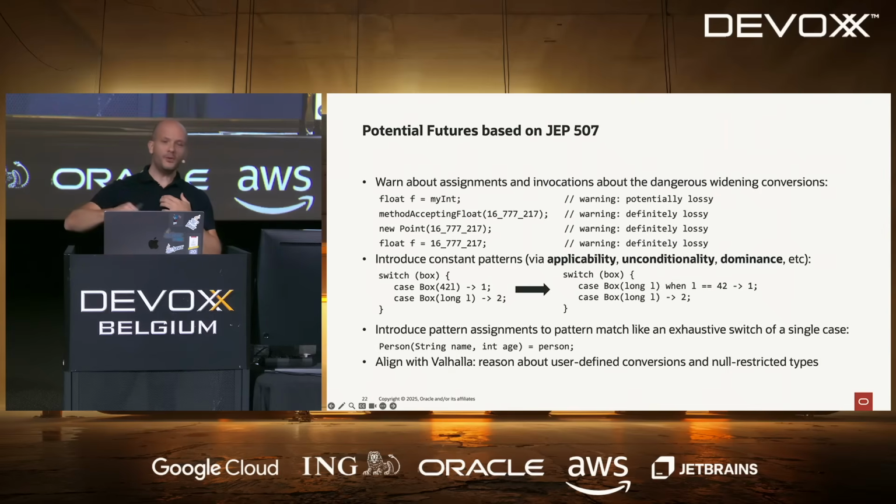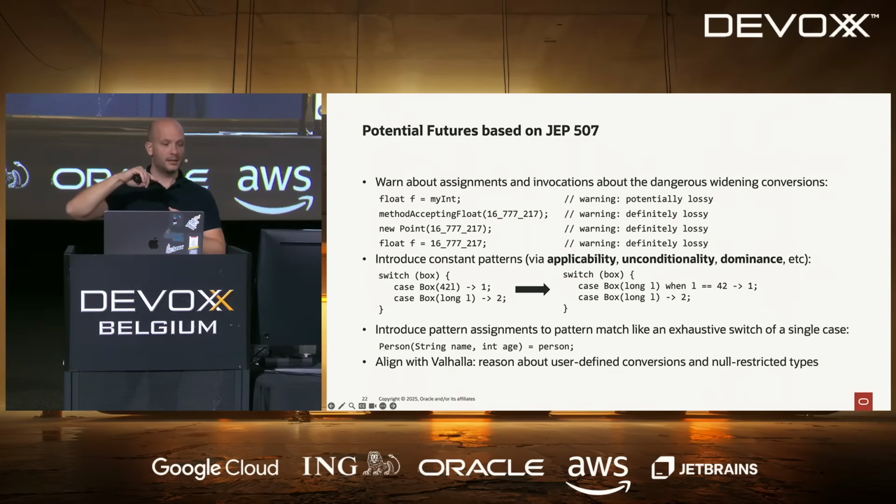And then continuing building on top of this is to introduce pattern assignments, which is a very much requested feature, which is the assertive way to deconstruct an object with a record pattern. You have a record pattern, here Person of String name, int age, equals and my variable.